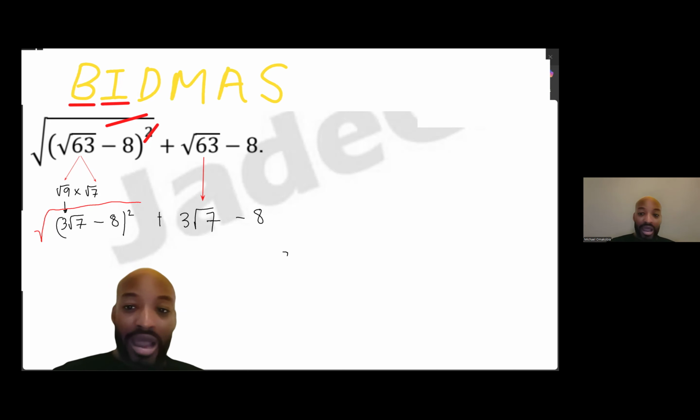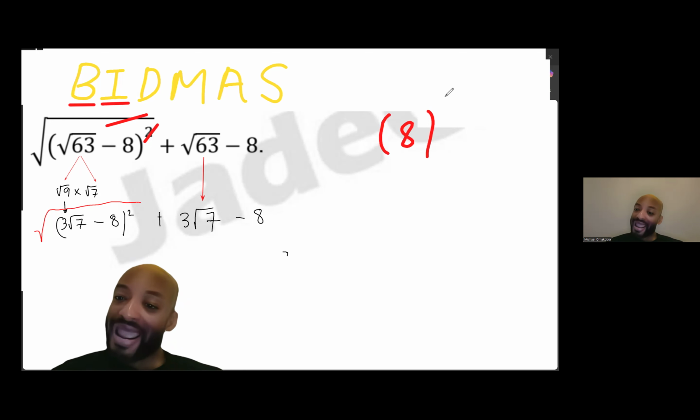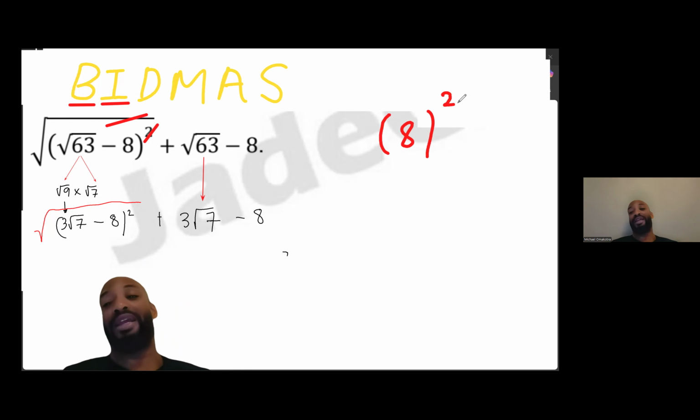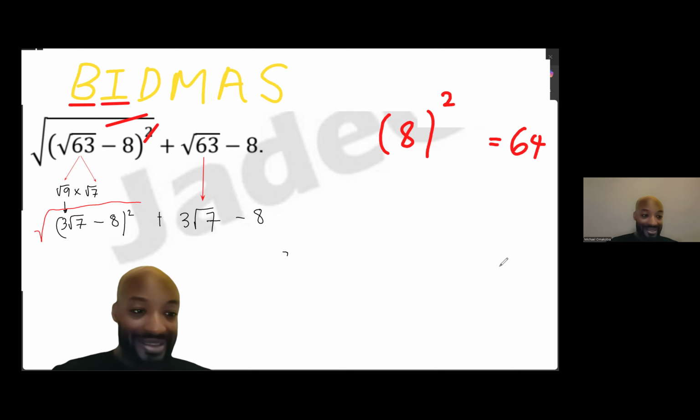I'm going to show you how that looks. For example, imagine I start off with 8 within a set of brackets. Then I square 8, having started with 8, to give me 64. If I wanted to go back to 8, I will just square root.